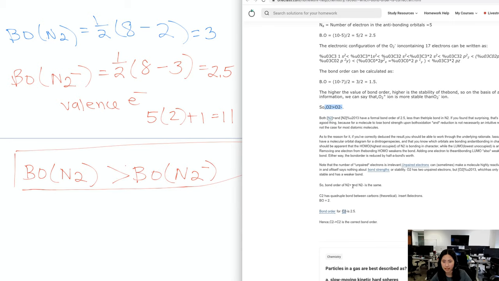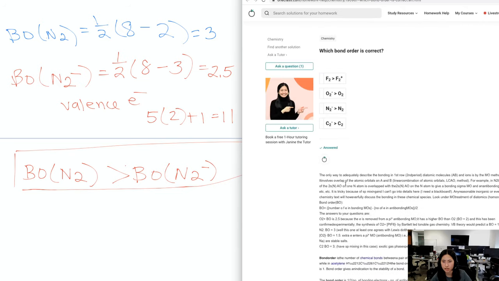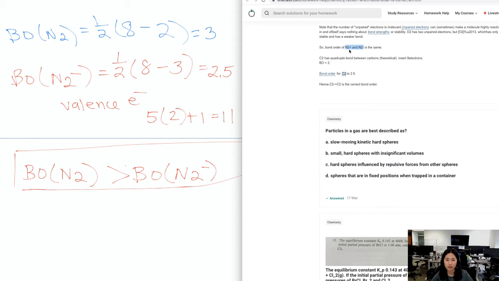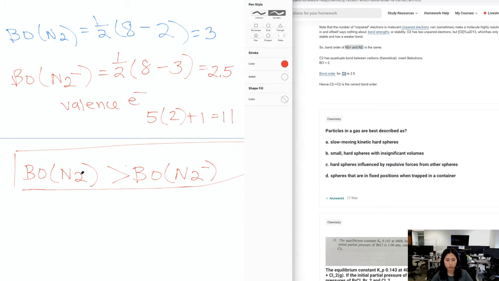Okay, so they're saying that N2 plus and N2 minus are the same, right? Because the question gives us N2, which is the neutral dinitrogen atom, right? Versus N2 minus, then we didn't really solve for N2 plus. So that's why this one would hold true, right? Because we're just looking at the neutral state.